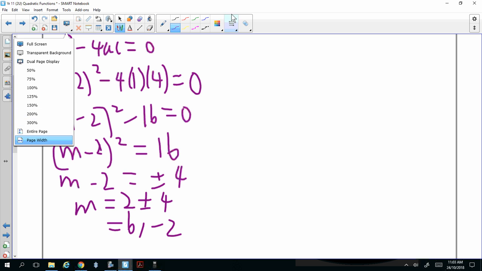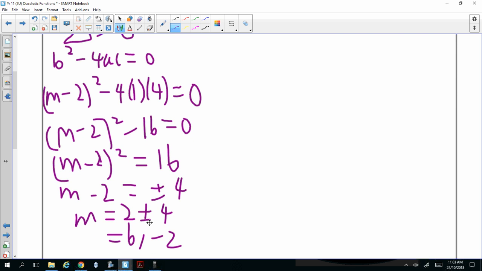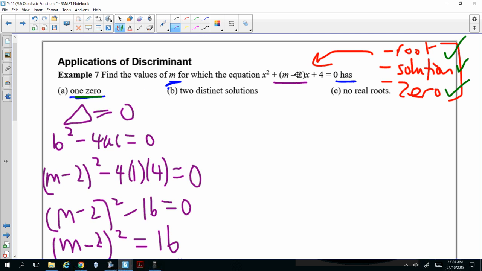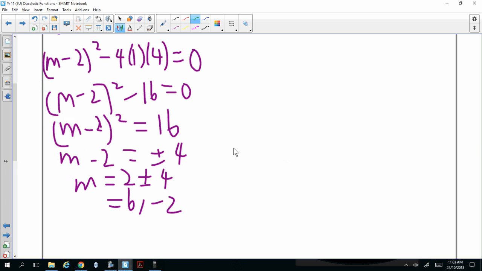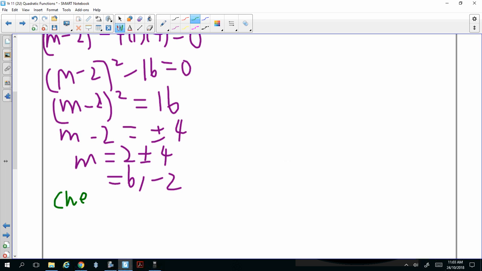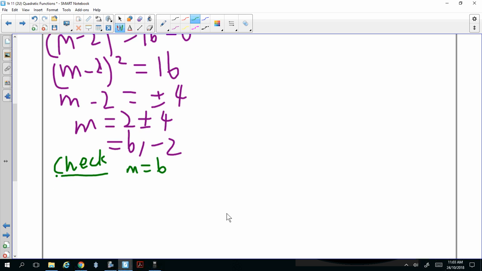Okay? Let's test this out so you can see how it works. Let's check. When m is 6, what do you get? You get x squared plus 6 minus 2, x plus 4 is 0, and you get a perfect square.